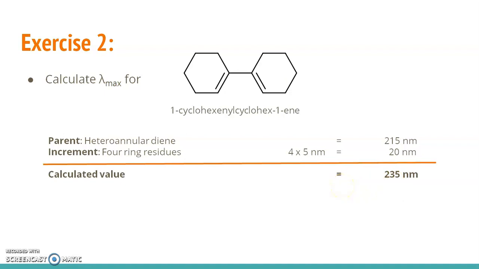If you observe the absorption maxima experimentally for this molecule, it is 236 nanometer. As I have mentioned already, the observed value will depend on the kind of solvent that this molecule is taken into. And here you see there is not much difference between the observed value and the calculated value. It differs by only 1 nanometer.